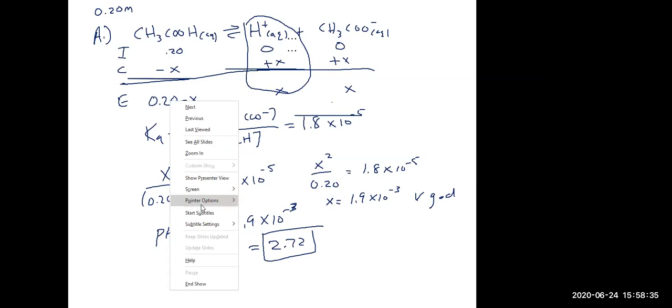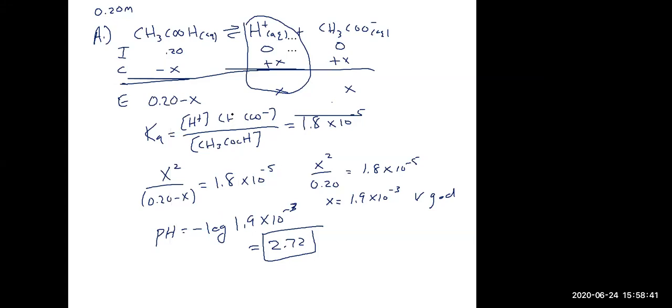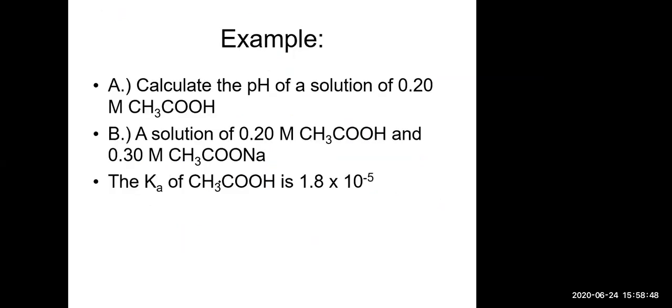Now we're going to look at part 2 there and see what's going on. And just kind of fix that maybe. So in part 2 or part B, we're looking for what happens when we take the same acetic acid, that's 0.2 molar, and we put in there 0.3 molar sodium acetate.